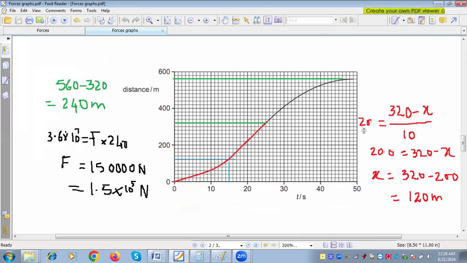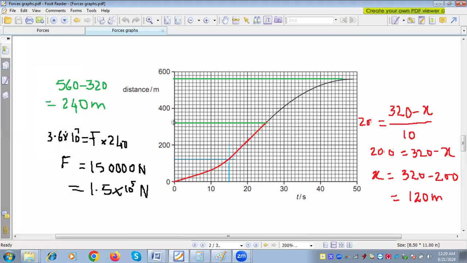So the velocity they have already mentioned, that it acquires a speed of 20 meter per second at time t equals to 15. So that velocity remains the same up to 25. And what is the distance covered up to 25? You can see this is 320, 200. In between, this will be 320, and one small division on the y-axis represents... wait a minute, 200 and 300 comes in between.